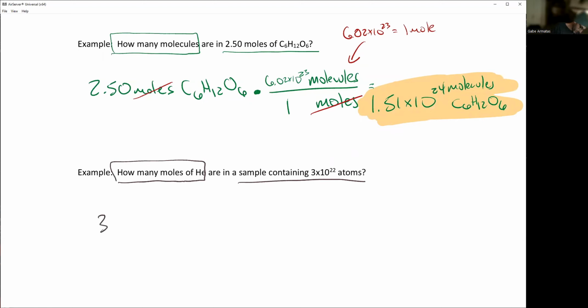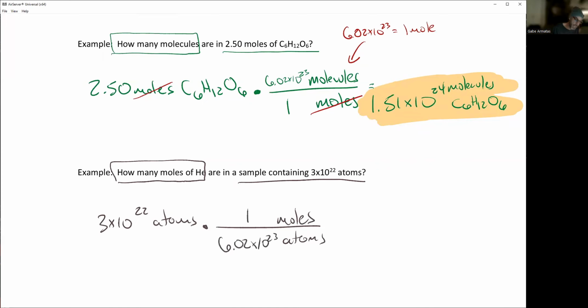If I have 3 times 10 to the 22nd atoms, I want atoms to go away, and I want to be left with moles. 1 mole is equivalent to 6.02 times 10 to the 23rd atoms. By saying mole, I'm talking about that number, right?